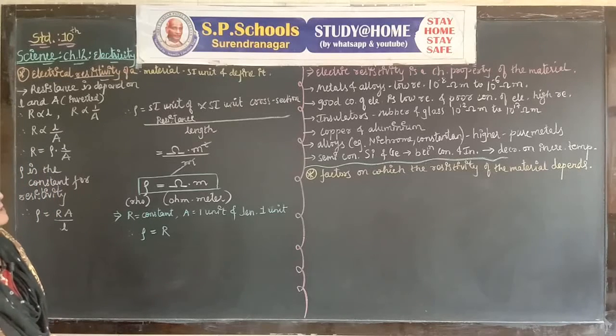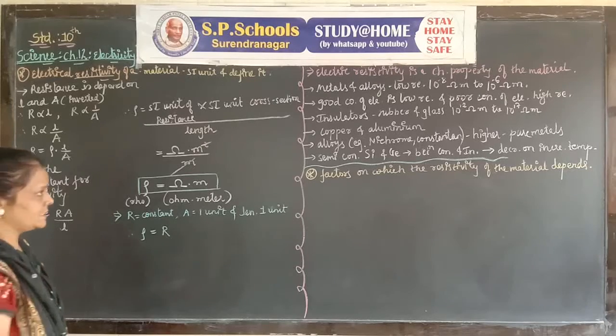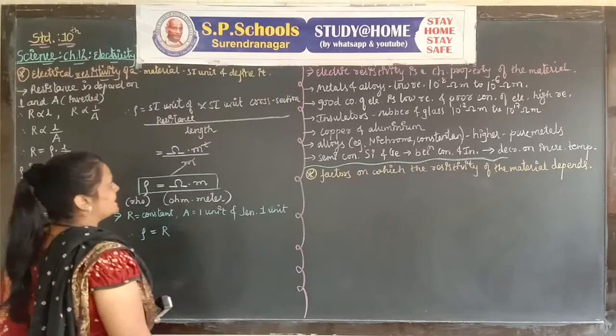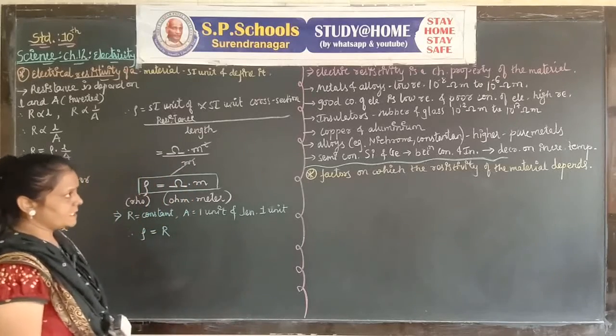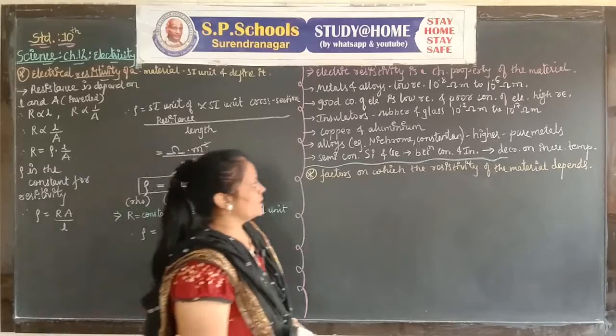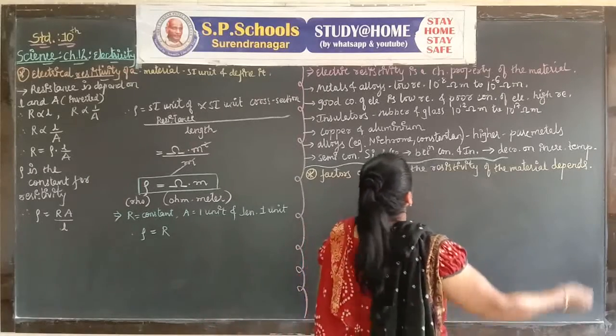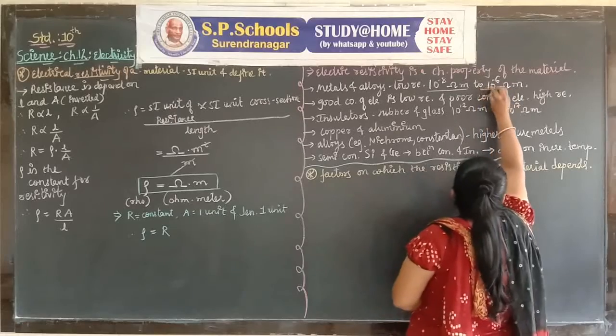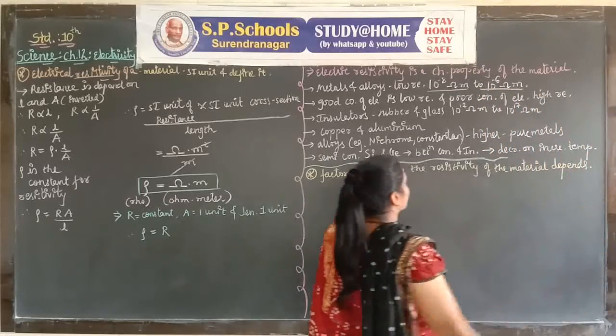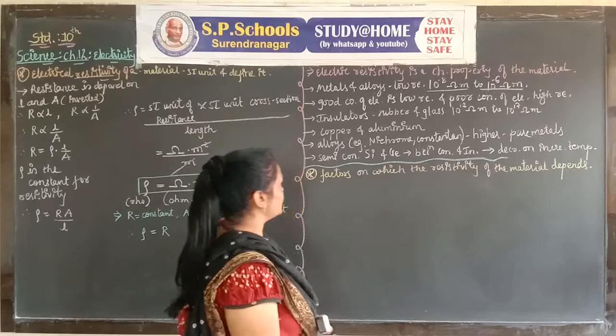Electric resistivity is a characteristic property of the material. Explain it. Metals and alloys have low resistivities. Here we remember some values: 10 raised to minus 8 ohm into meter to 10 raised to minus 6 ohm into meter.